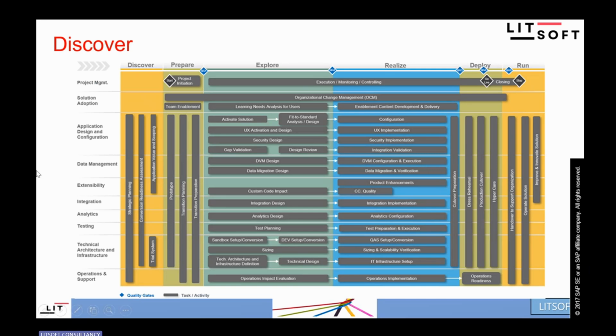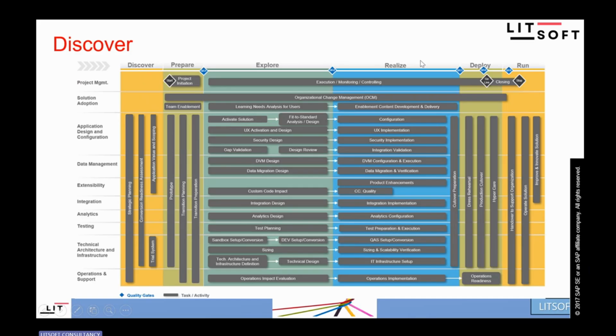This is one of the other areas where SAP has a project view level, this particular slide. Why I'm gathering this and showcasing it to you is so that you understand what exactly SAP is speaking, and you will be aligned with that. Here you can see the phases: discover, prepare, explore, realize, deploy, and run.